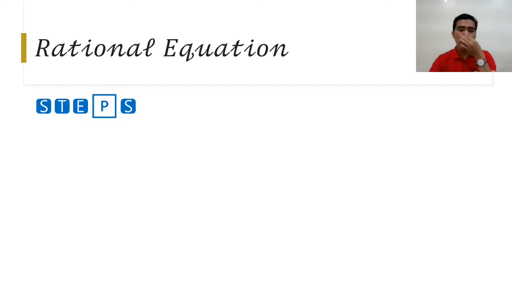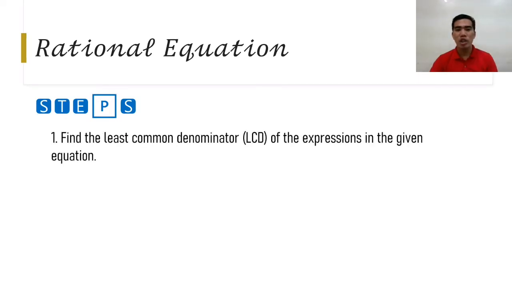Now, there are steps in solving a rational equation. First, we need to find the LCD. The LCD is the least common denominator, the least number that is common to all the denominators.